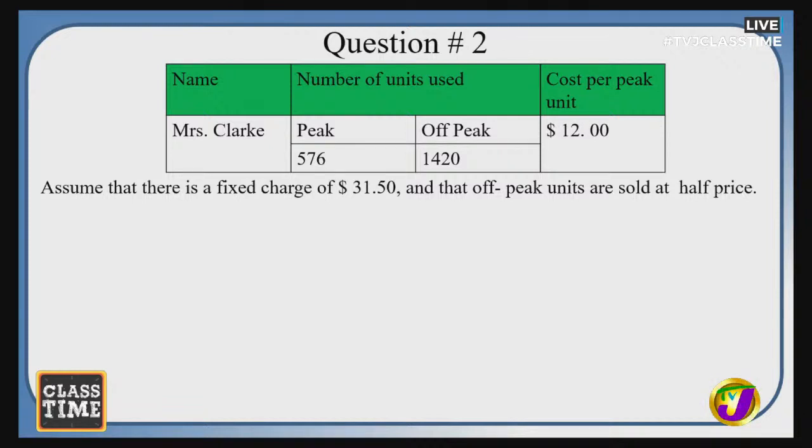And we are making the assumption that there is a fixed charge of $31.50, and that off-peak units are sold at half price. So if you're using your electricity during the off-peak hours, then you will pay half price, which would be half of $31.50. So for the peak hours, it's the full price, which is $31.